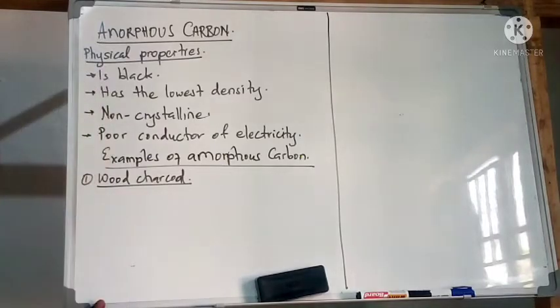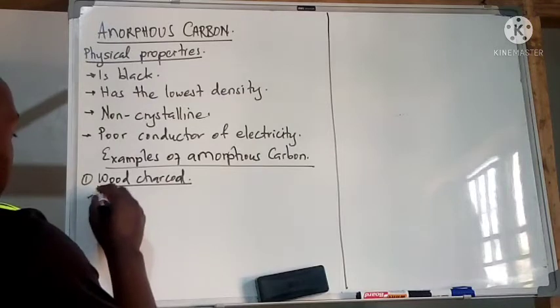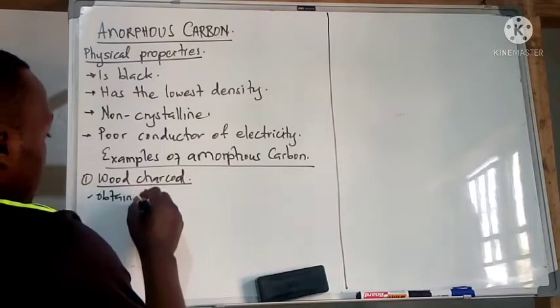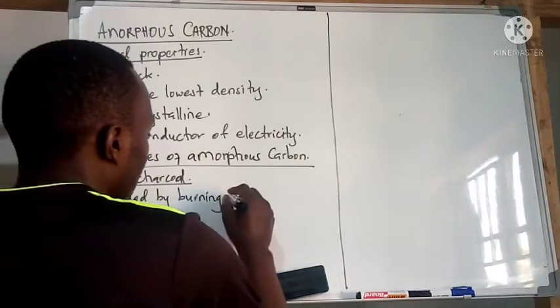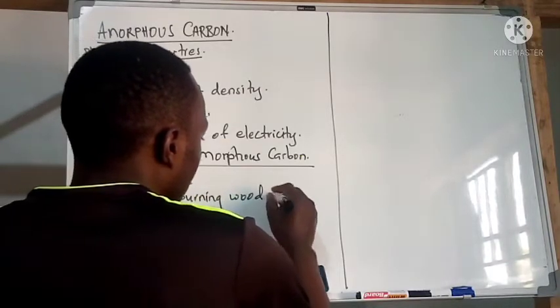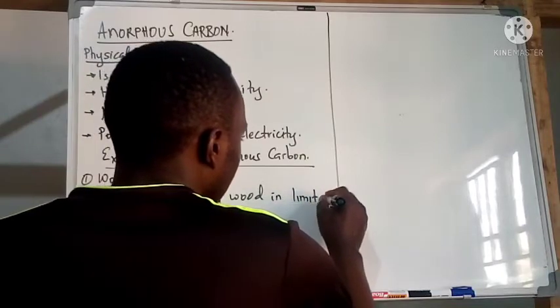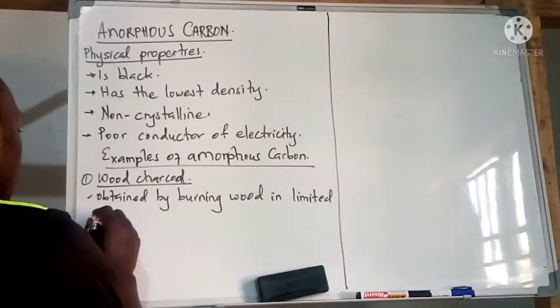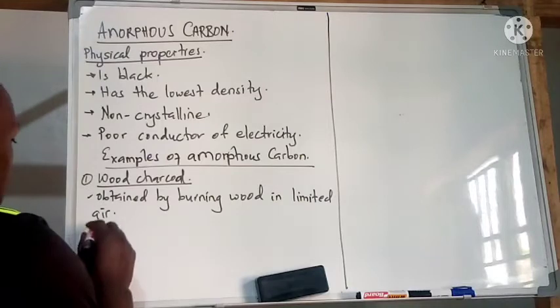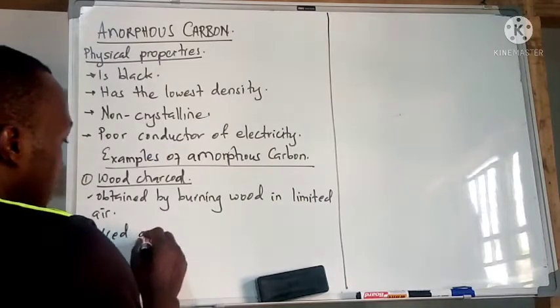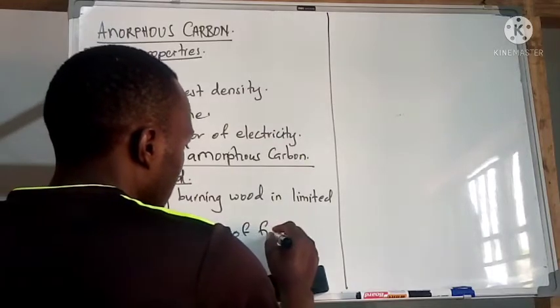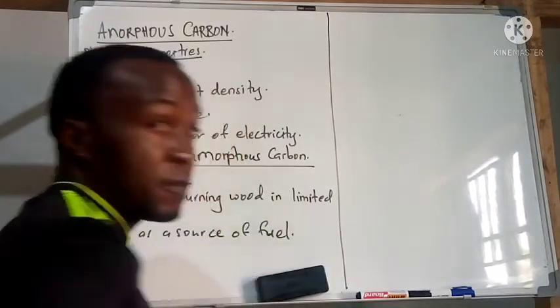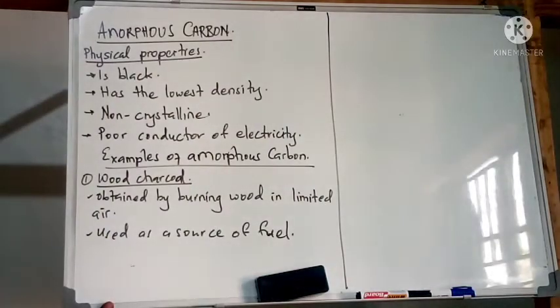This one is used as a source of fuel. It is obtained by burning wood in limited air, and it is used as a source of fuel for cooking, the charcoal we normally use.